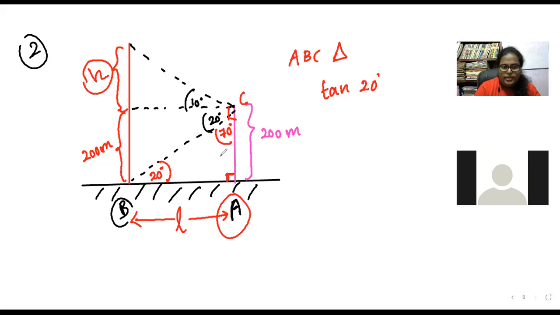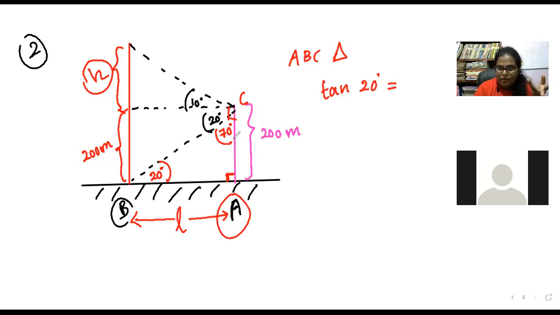When you are writing tan 20, that means we are considering this angle, and we are writing tan 20 because we have to write some angle with this L.